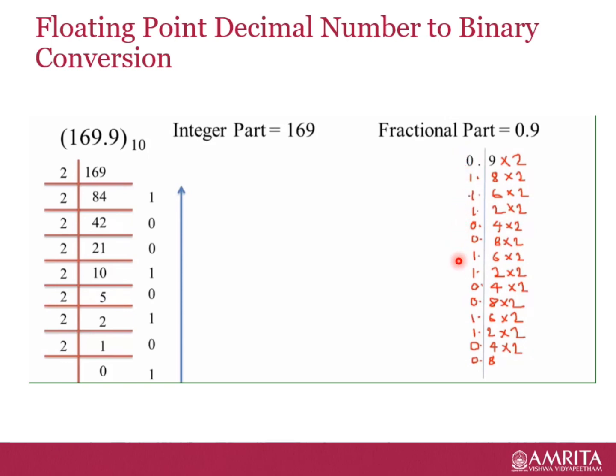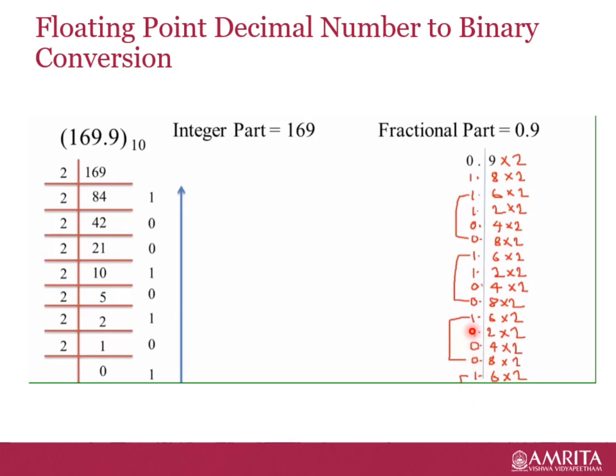So here, from the example, 1 1 1 0 0 is the binary equivalent of the fractional part 0.9, because this particular sequence goes on continuing again and again.